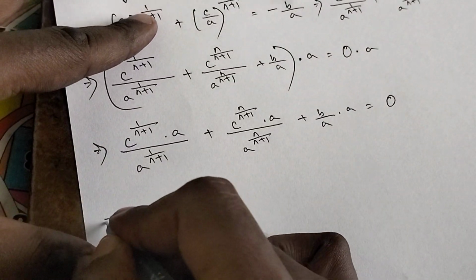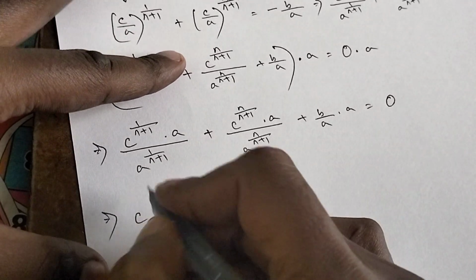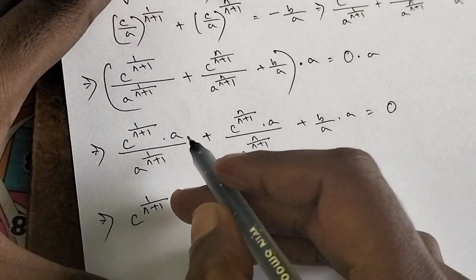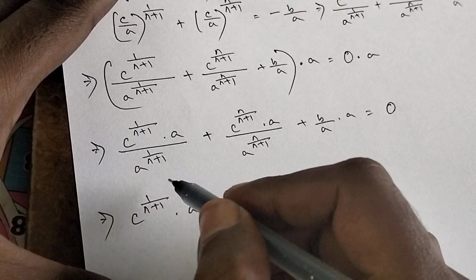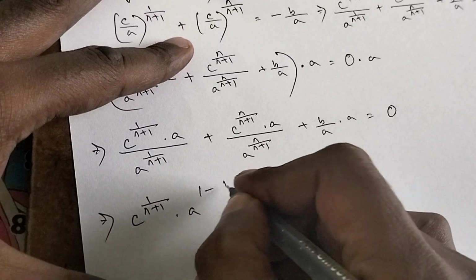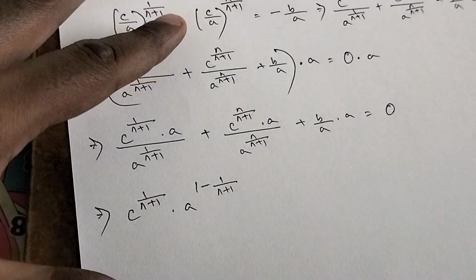So what will happen here? c to the power 1 by n plus 1 into a to the power, when the bases are same, powers will get subtracted, we all know, 1 minus 1 by n plus 1, right?